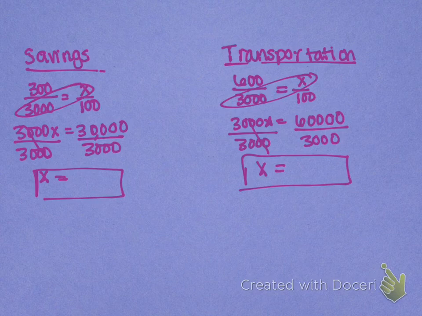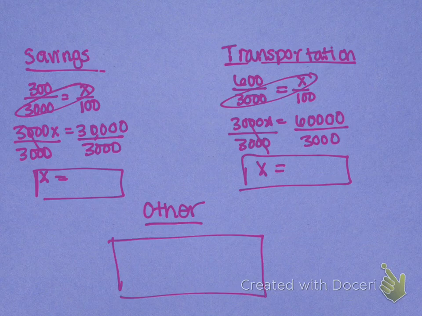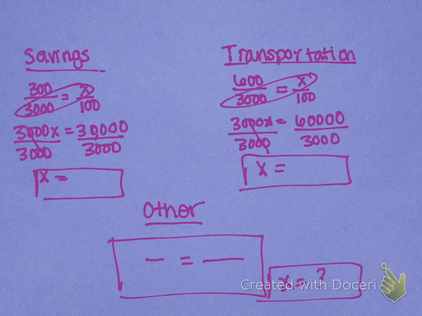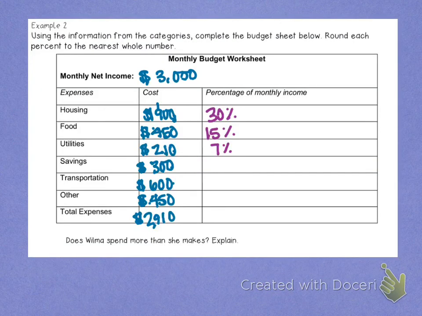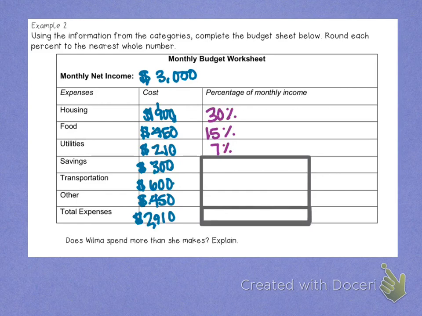And then you also have other that you need to completely set up and find your x equals for the last one. Okay, and we will check this tomorrow in class. So let's go back to our work. You're going to fill in all of this on your own. After you find those 3 percentages, you need to then find your total right here.